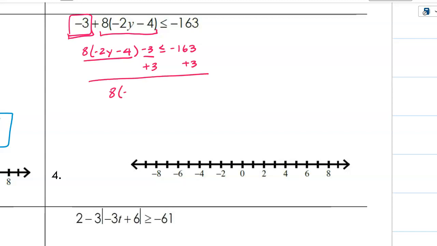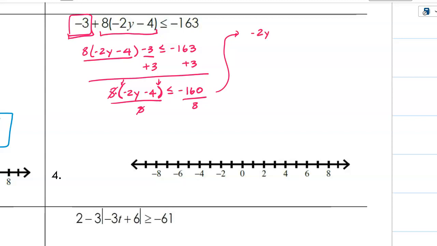I get 8 times negative 2y minus 4 is less than or equal to negative 160. Divide both sides by 8. Notice that the 8 and the negative 2y minus 4, that binomial is a factor right there, so I can go ahead and divide the entire thing by 8.